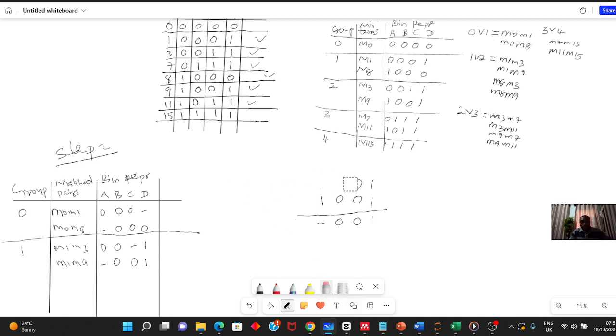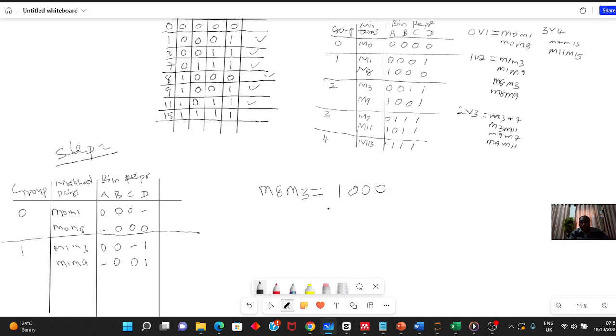So let's see the next one, another group of 1, which is M8, M3. M8 is given to be 1, 0, 0, 0.